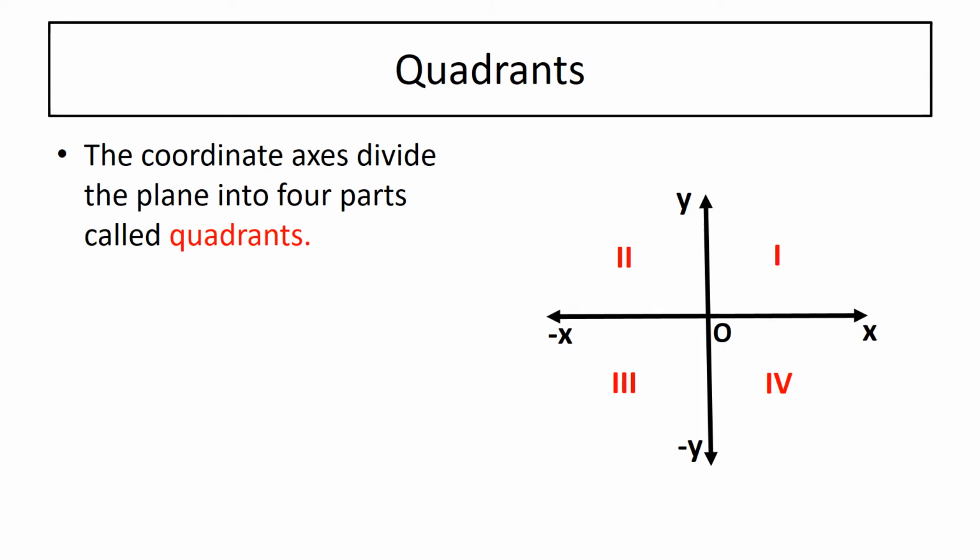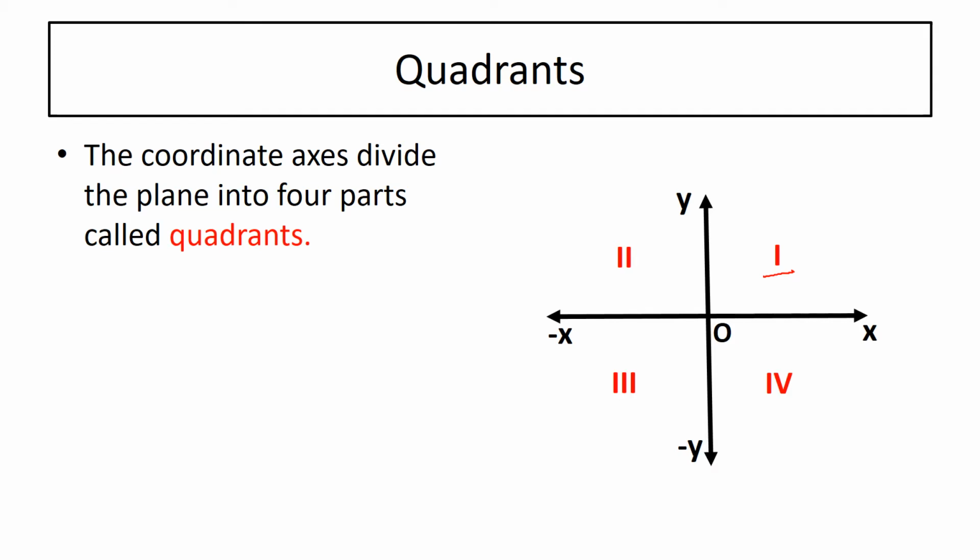Coordinate axes divide the plane into four parts and these are called quadrants. So the first quadrant, which is enclosed by OX and OY, is our first quadrant.